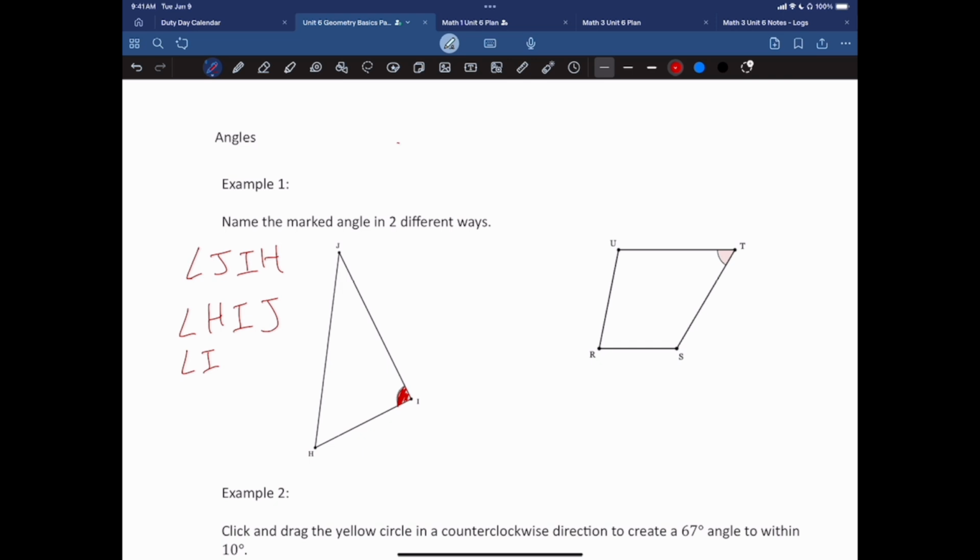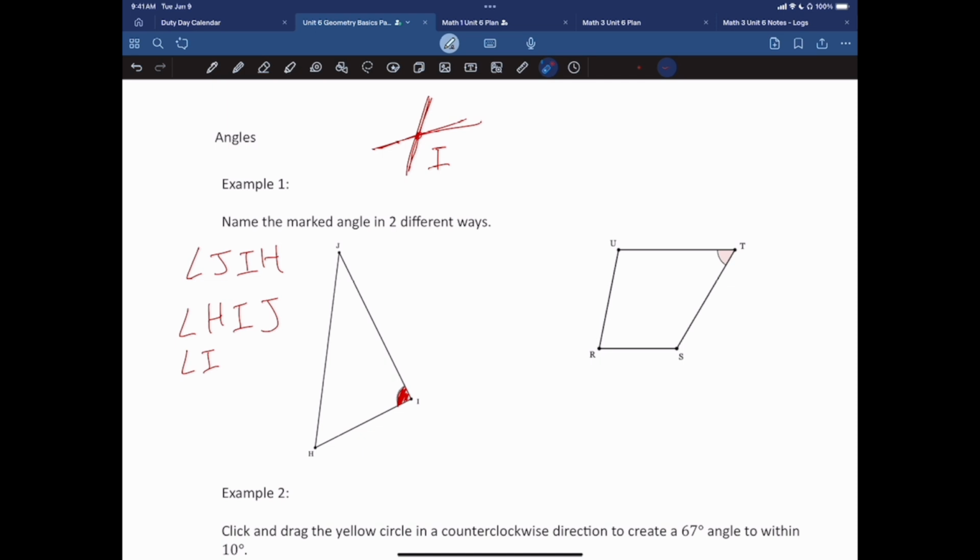Now, if you have a picture like this, you would not use just the vertex, because if I call this point I, you don't know if I'm talking about this angle, this big angle, this small angle. It could be a bunch of different angles. So you only use a single letter when you know it can only be that one.